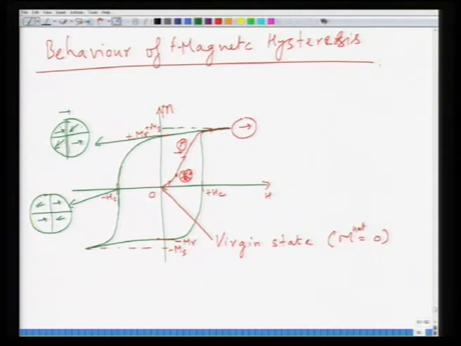Let us not talk about the term nucleation, but it has to happen by some movement of this domain wall, which is the boundary between these two domains, and that basically requires a particular force. Some domain walls may require larger force, some domain walls may require smaller force.